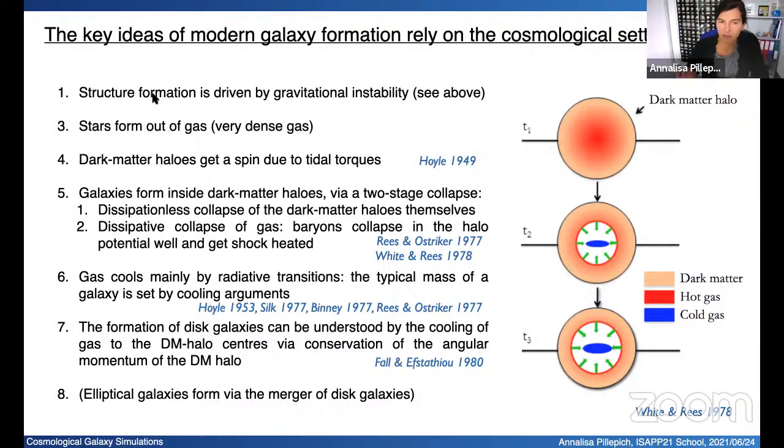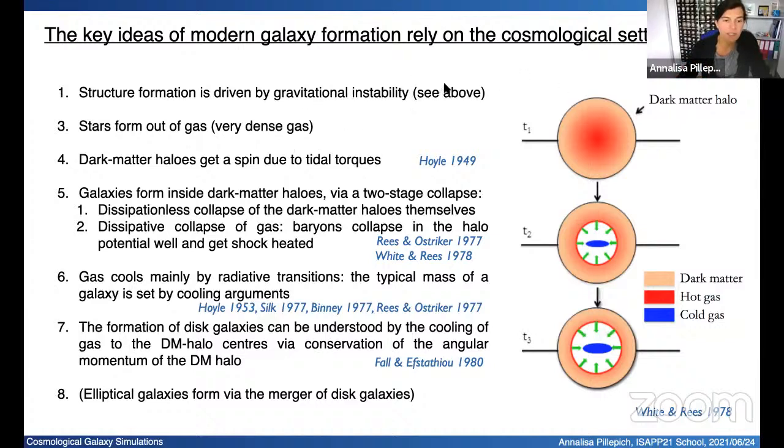Structure formation is driven by gravitational instability. Stars form out of gas, actually out of very dense gas. Dark matter halos form out of gravitational instability, but they also get a spin due to the tidal torques of the cosmic web on larger scales. Galaxies, this is the standard model for galaxy formation, form inside their dark matter halos via a two-stage collapse.